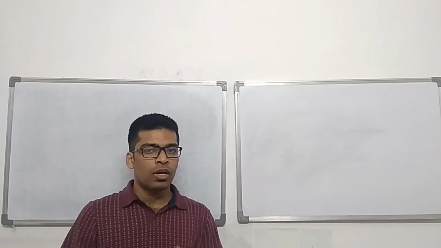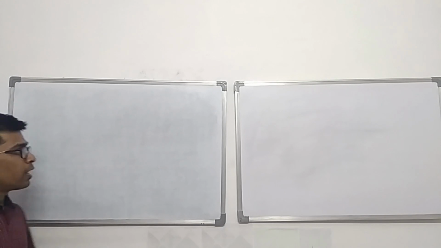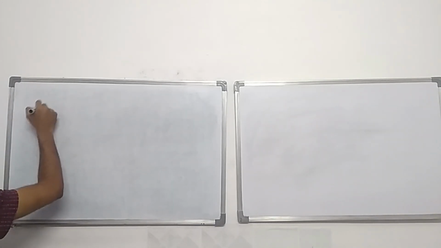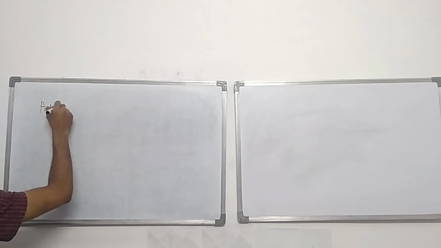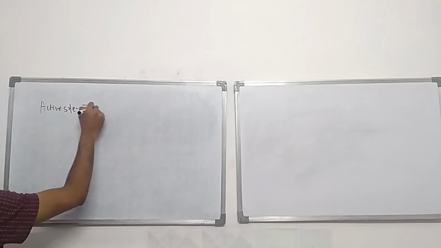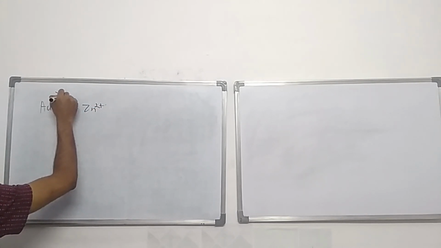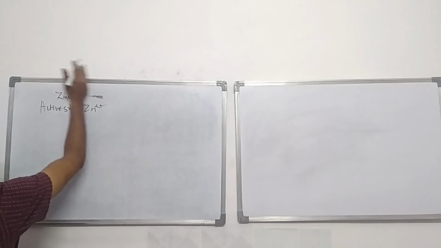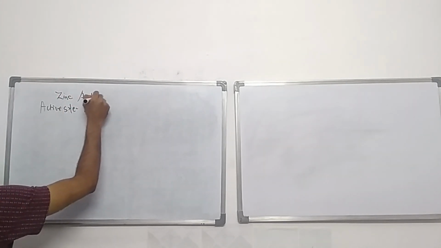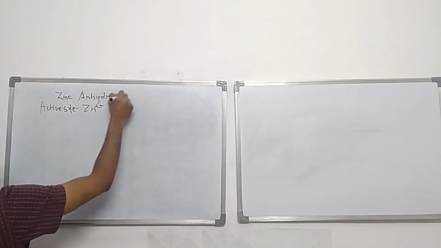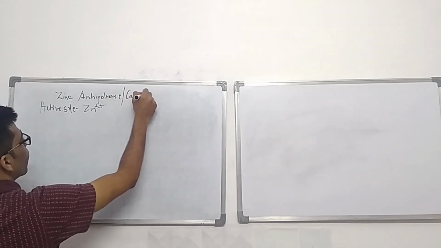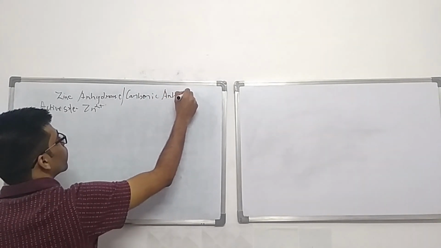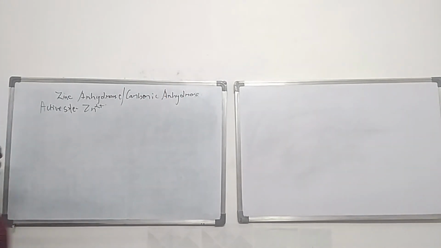Okay, now we'll see zinc anhydrase, or carbonic anhydrase. Why? As the name suggests, the active site contains a zinc ion, and the other name was carbonic anhydrase. Why the word carbonic?